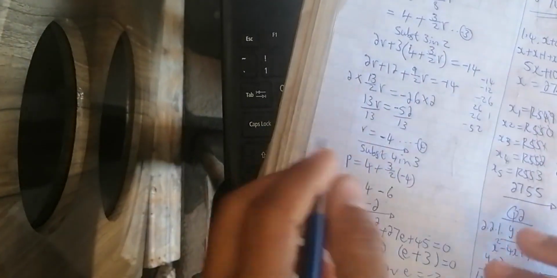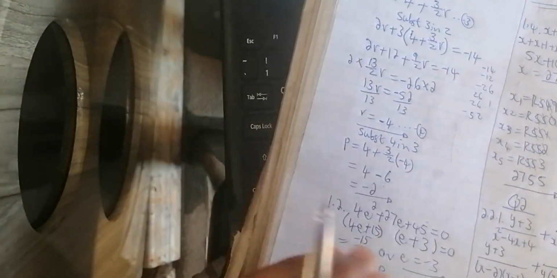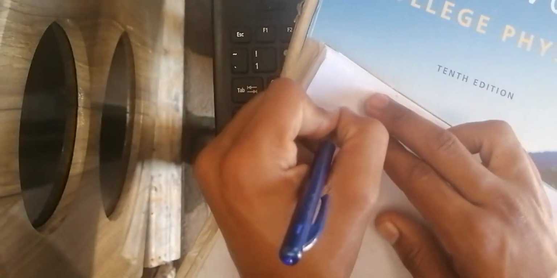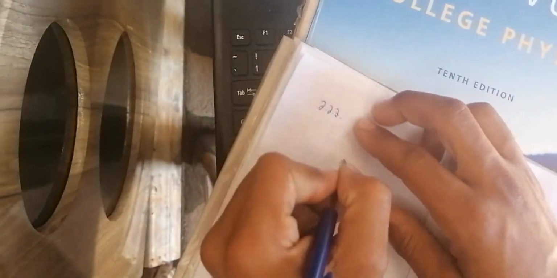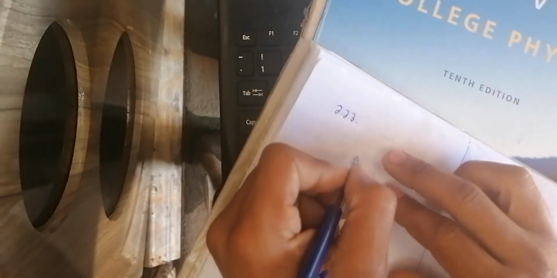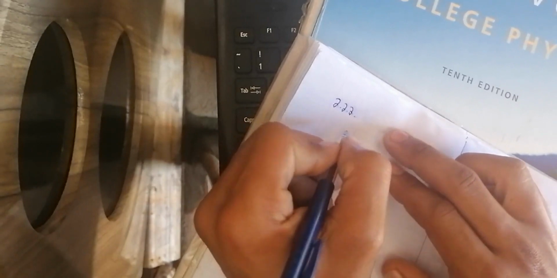Right, that was 2.2.1. Let's go to 2.2.2. In 2.2.2, I think there's something that I can do. Remember, I'm simplifying.